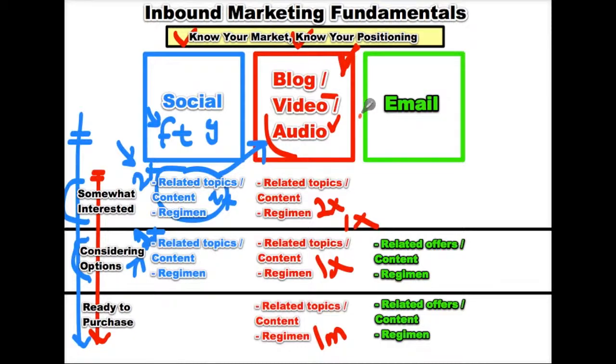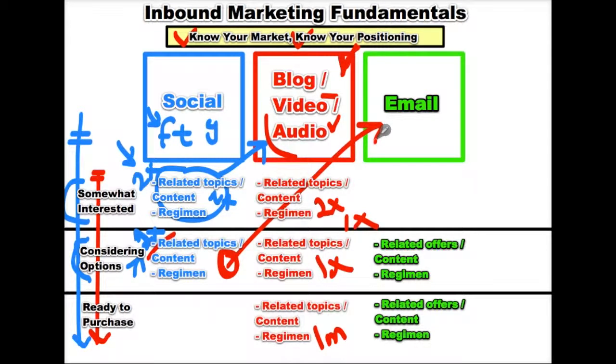So as we're bearing these points in mind, we're creating the content, and then we're using social to drive folks to our content. In general, although we can use social to drive to other people's websites, our objective, generally speaking, is to bring them to our own webpage. So we can take people in this category, and we take our regimen of posting, maybe one time a day on Facebook, and slam them right into the email list.